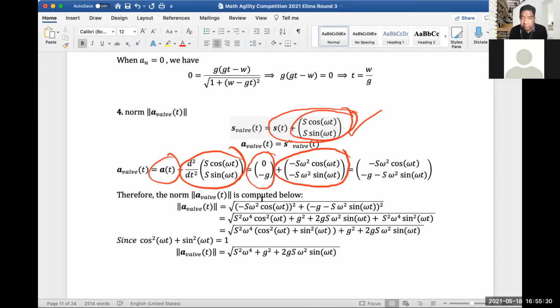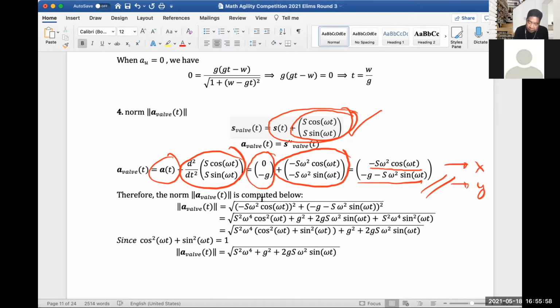Just adding these two together, this vector here is negative s omega squared cosine omega t and negative g minus s omega squared sine omega t. So we already solved the vector, and we need to find the magnitude of a of t. So again, this is your x and this is your y.